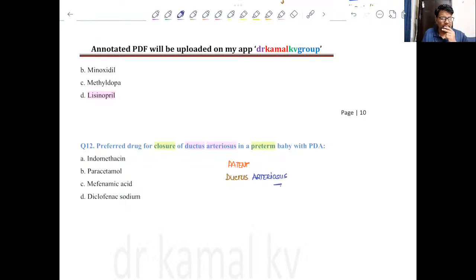Very good Siva, very good Dr. Poo14, very good. The agent of choice for closure of patent ductus arteriosus is indomethacin, although we can also try mefenamic acid, but drug of choice is indomethacin. Very good, both of you, wonderful.